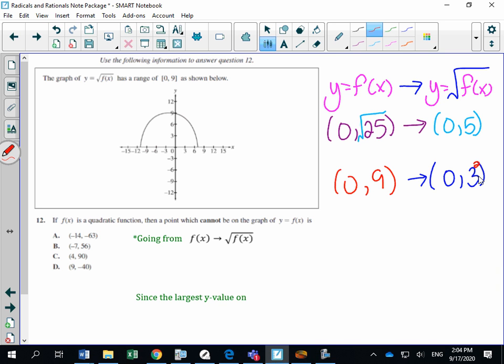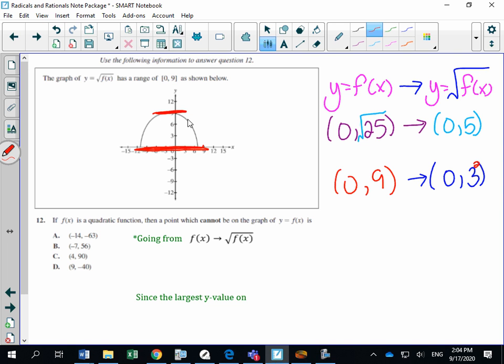That coordinate is going to be on the radical transformed function because the square root of 9 is 3. So they give us this graph here, and they say that this radical graph has a range of 0 to 9. What they're saying is the largest y value is 9, and the smallest y value is 0.